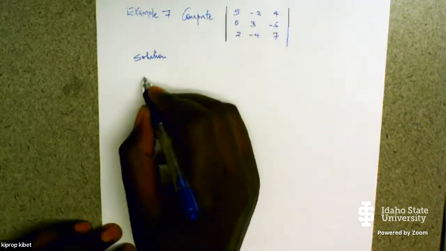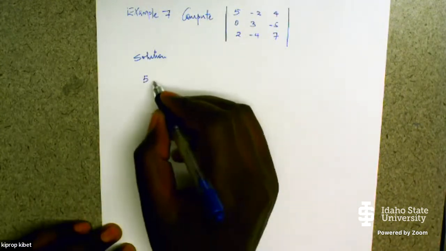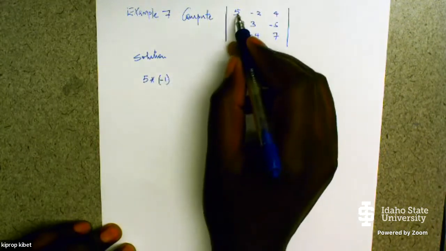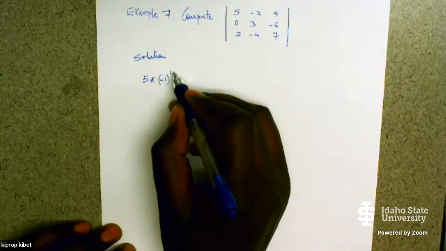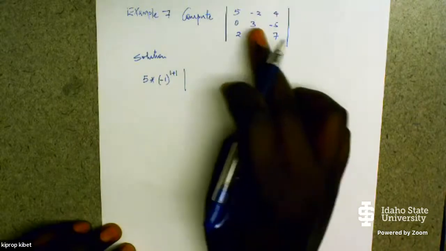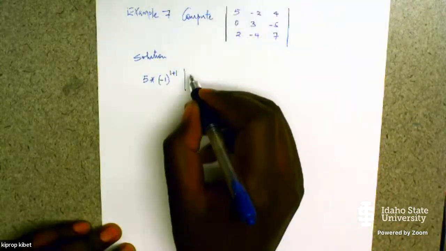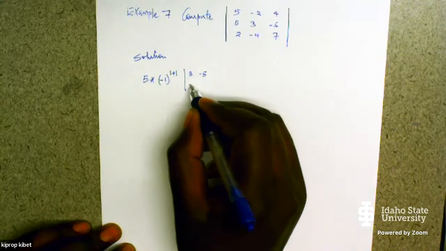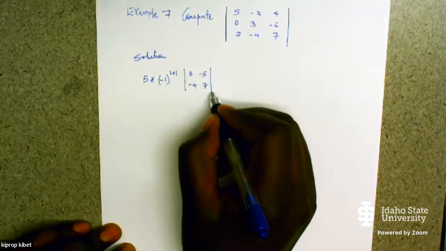So we take 5, right? And then we multiply by -1 raised to 1 plus 1. And then the determinant of, we close this and this, the determinant of 3, -5, -4, and 7.